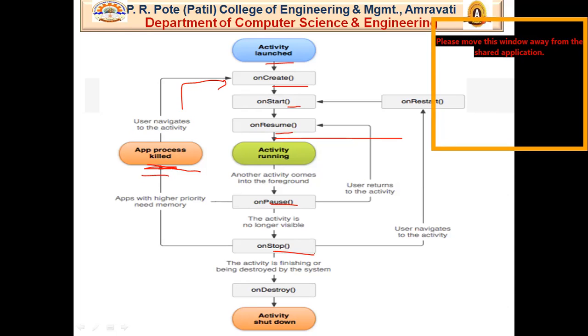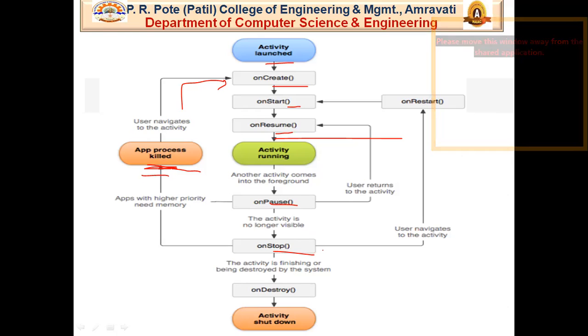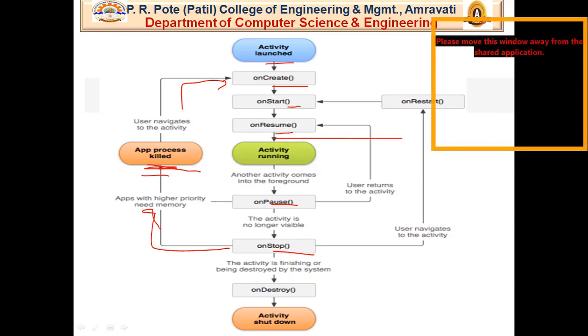After the onStop method, we have two paths going out. The first path is one in which other applications need the memory, so the process was killed, and if the user comes back from that point, then we call the onCreate method.